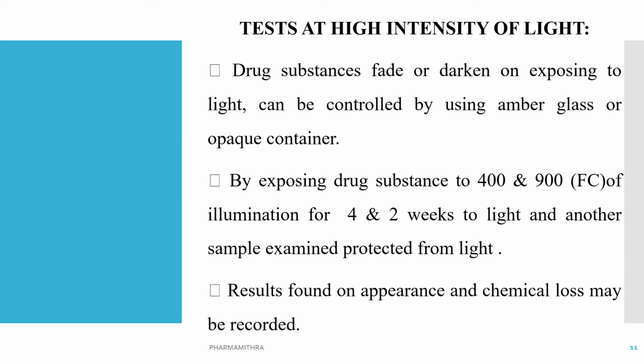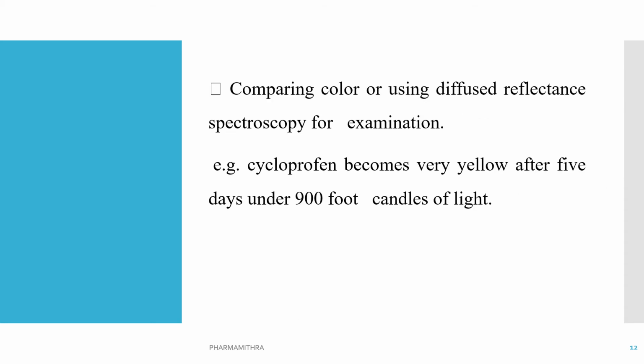So we can find out the chemical loss based on the exposure or intensity of light. We compare the color or use diffuse reflectance spectroscopy for the examination. We can explain this with an example of cyclopropene: it became very yellow after 5 days of exposure under 900 foot candles of light.